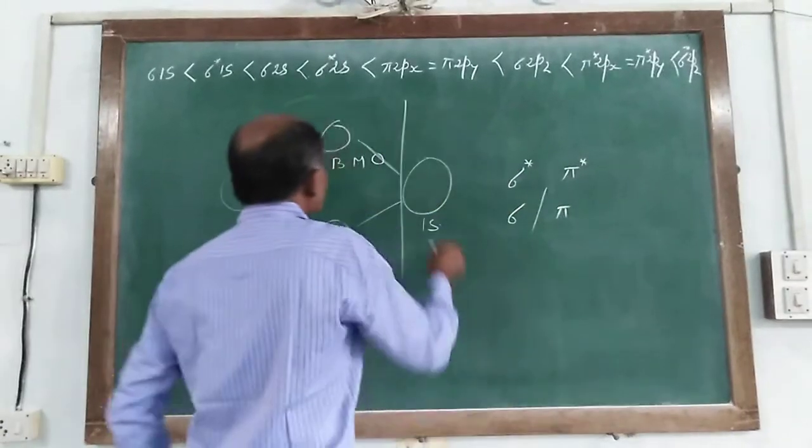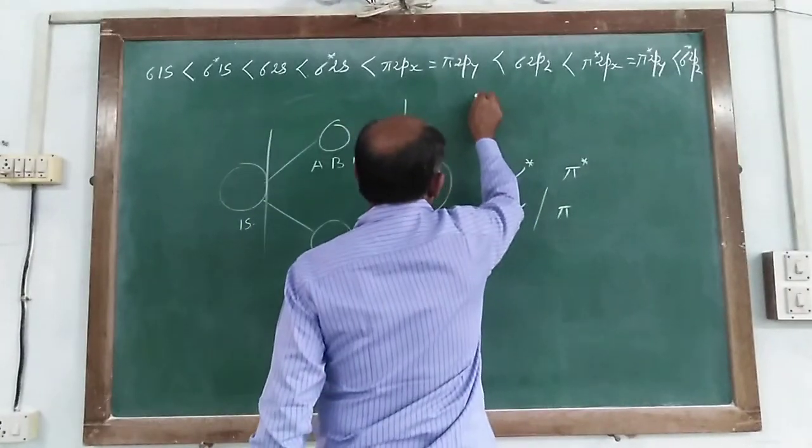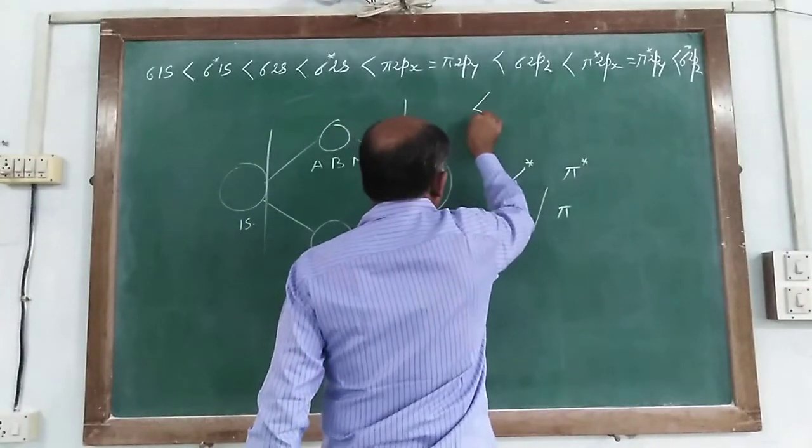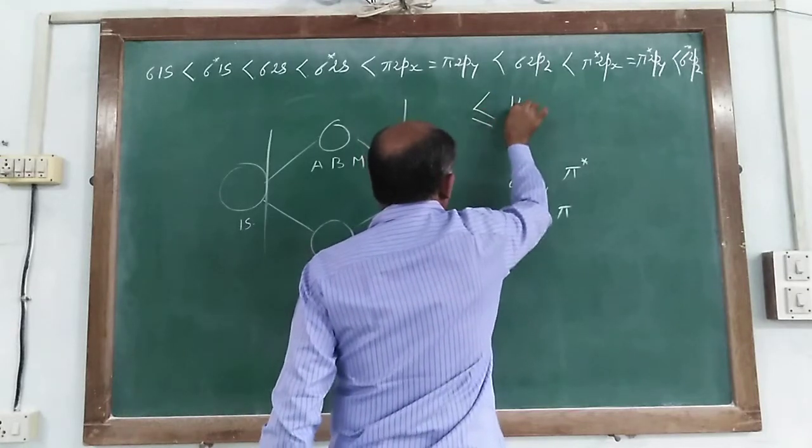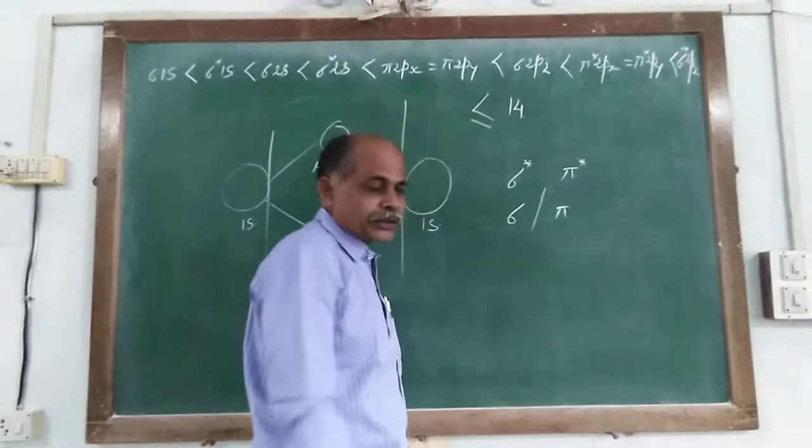This sequence is followed when the number of electrons is 14 or less than 14.